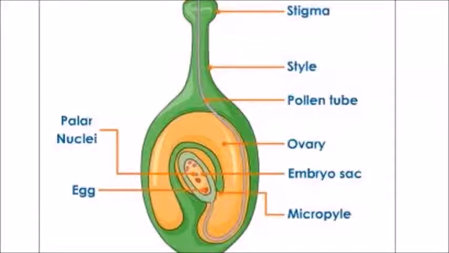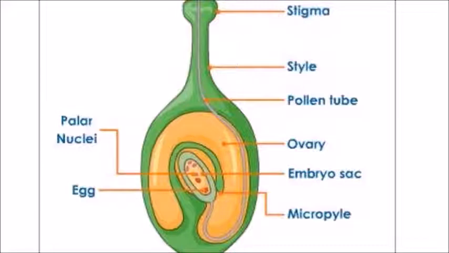So the same way how it happens in animals, where you have a sperm cell fusing with an egg cell and that creates an embryo, a similar thing is going to happen inside plants when it comes to sexual reproduction. Okay, so that male nucleus is still going to fuse with the female nuclei once it gets to the egg cell. And like I said, that is going to create an embryo, okay?